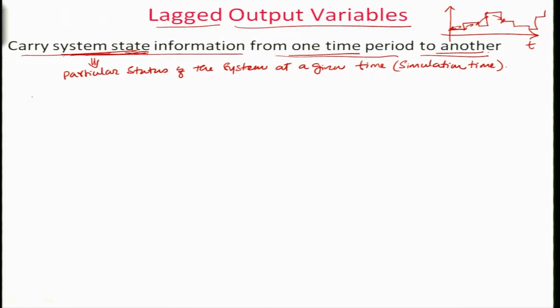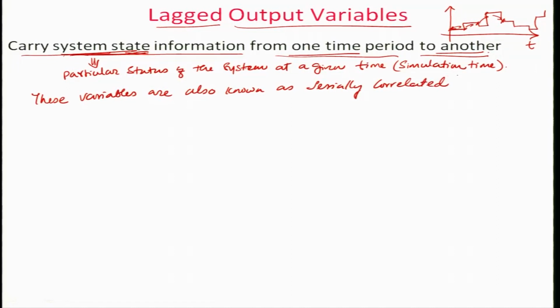Okay. These variables are also known as serially correlated variables. These variables are correlated purely because of one reason: they carry time dependent data.